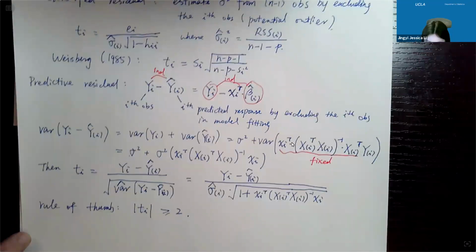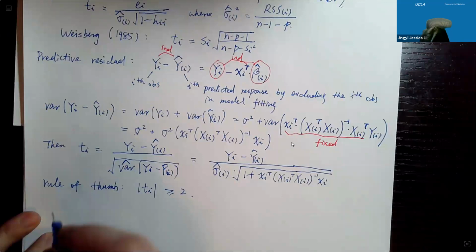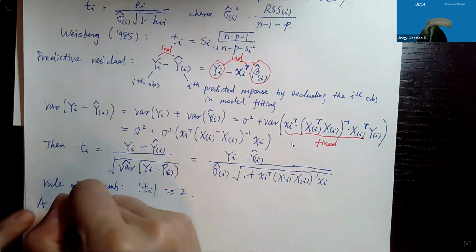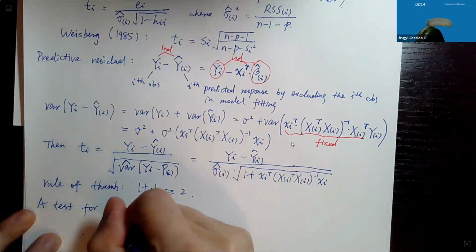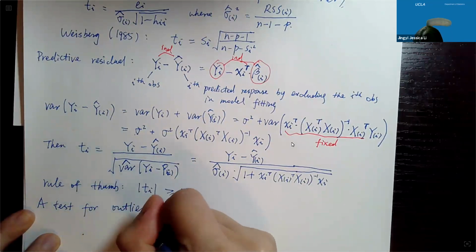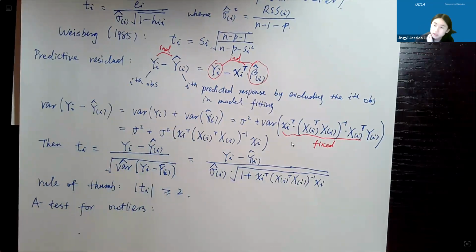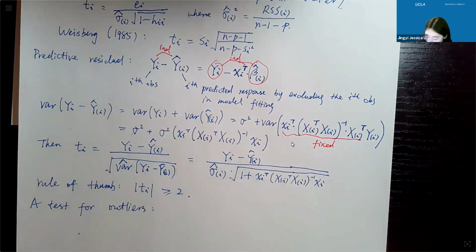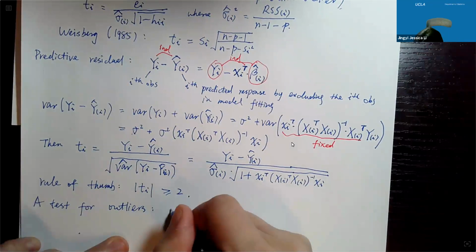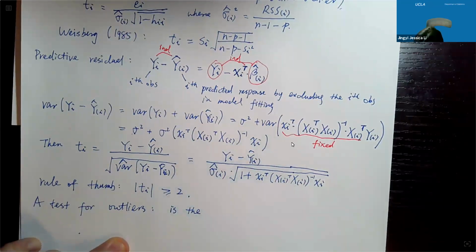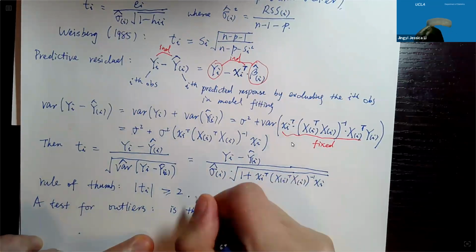So we can actually think about a test for outliers. The question is whether we think the ith observation is an outlier. Maybe I should stick with I. Let me think. Okay, let's just say this.